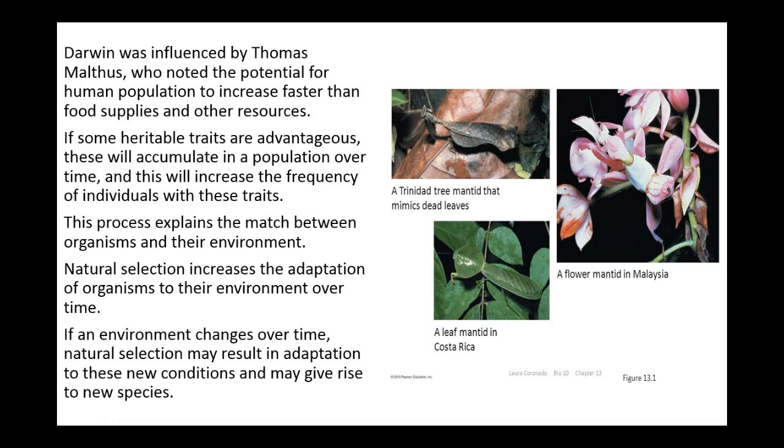I assume his theory was that, unfortunately, that is a human condition, that people are going to overpopulate their food resources. But Darwin picked that up and realized that that same thing is true in natural environments, that species overpopulate the environment, so that some organisms are going to be more successful than others.